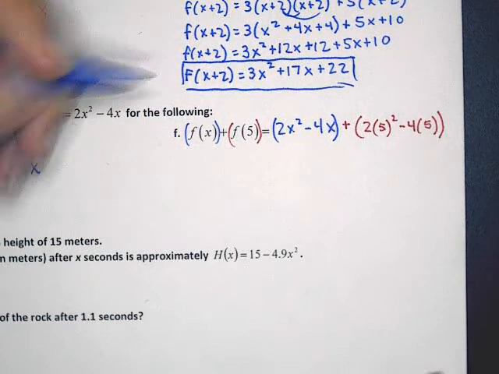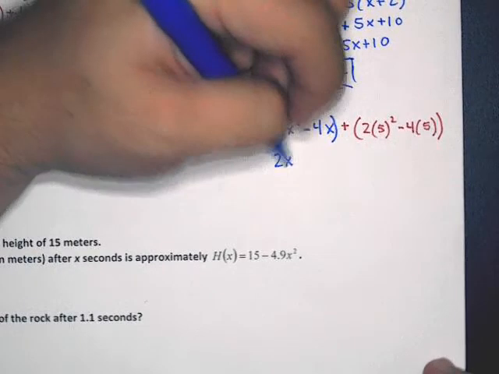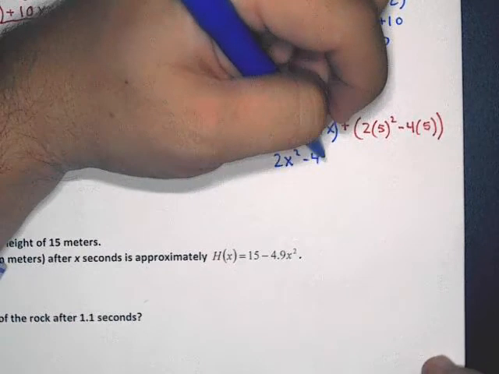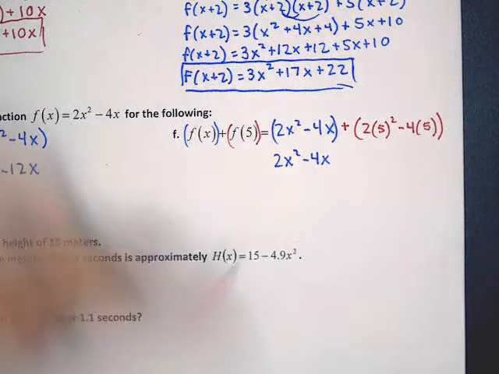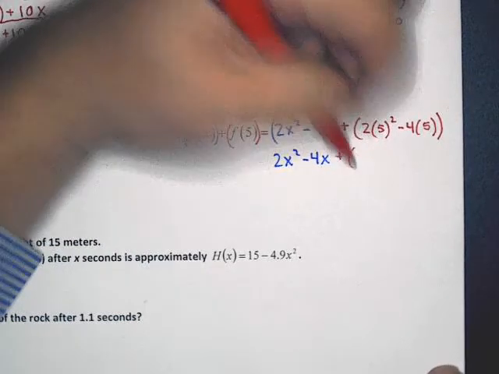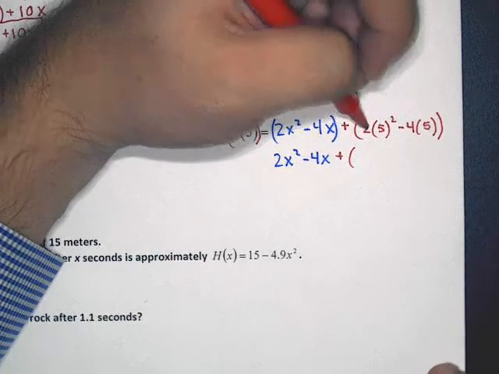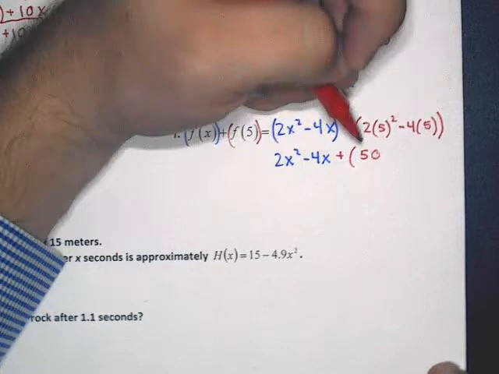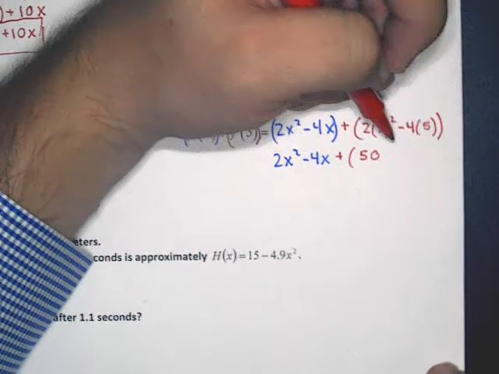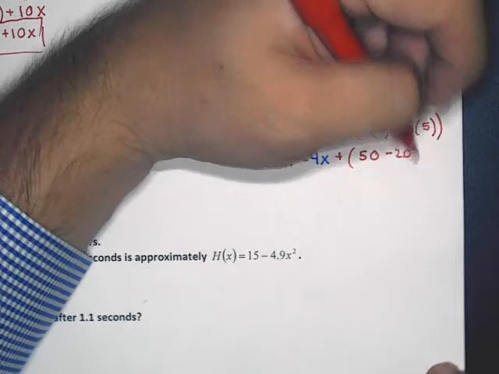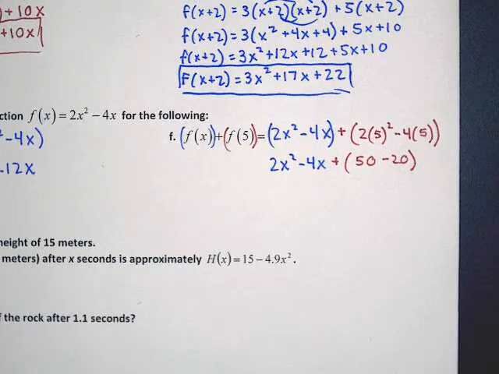Alright, so as we start to clean this up, well, this is just going to stay. This I can kind of clean up. What do I have here? 5 squared is 25, 25 times 2 is 50, and 4 times 5 is 20, something like that.